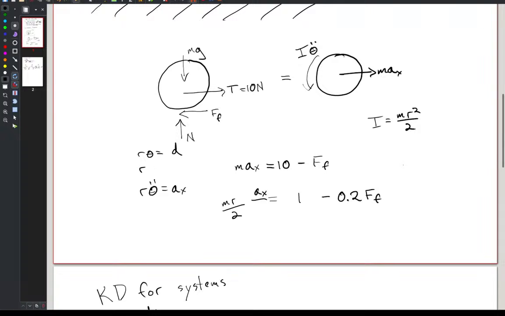Yeah, now that I think about it, it should be a negative, right? If I increase the angle this way, I should move backwards. And if I decrease the angle, then I should move forward.